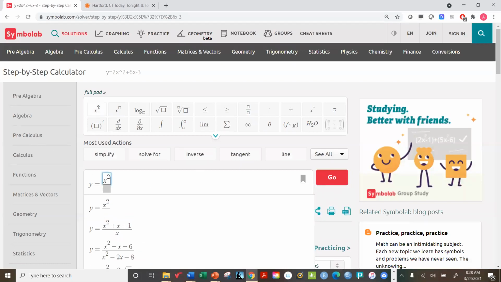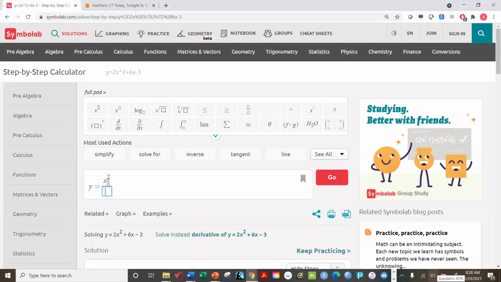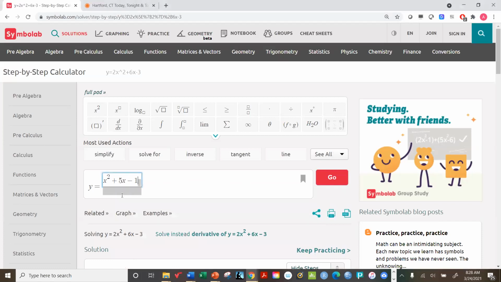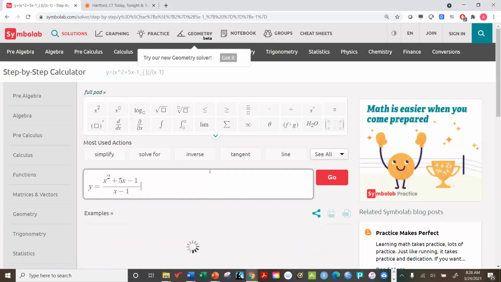X squared plus 5x minus 1 over x minus 1. Now, what I'm going to do is just hit go, and I want to see how it reacts to that.